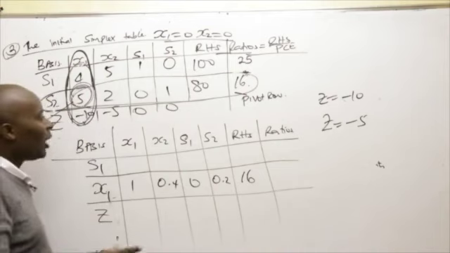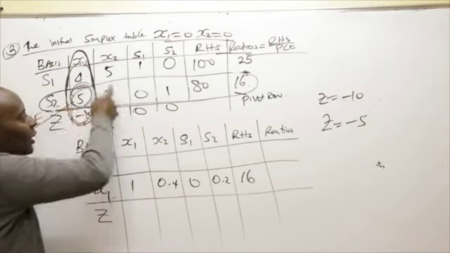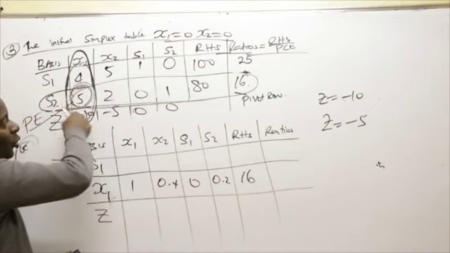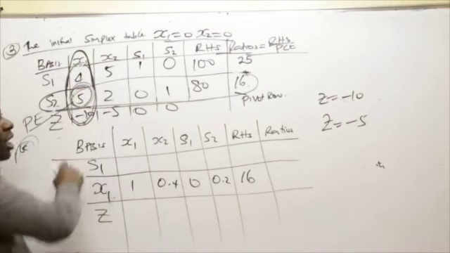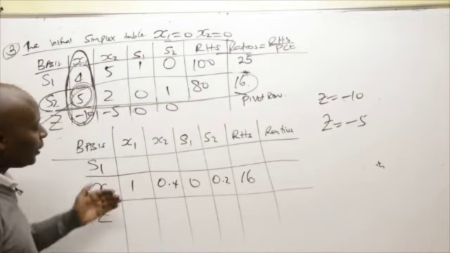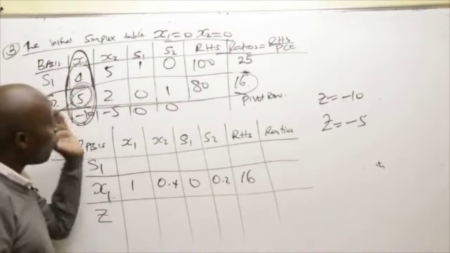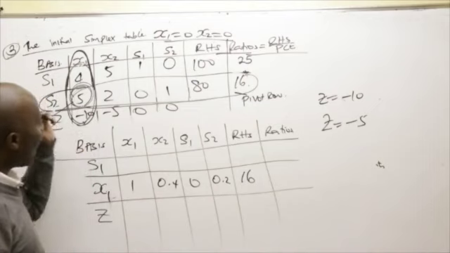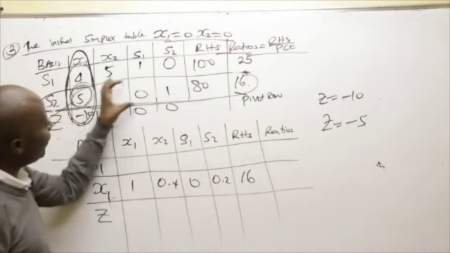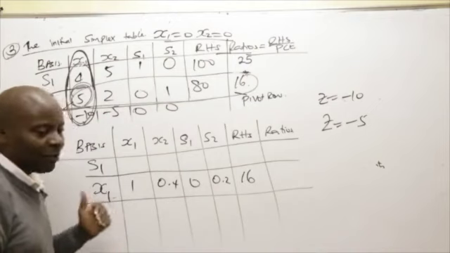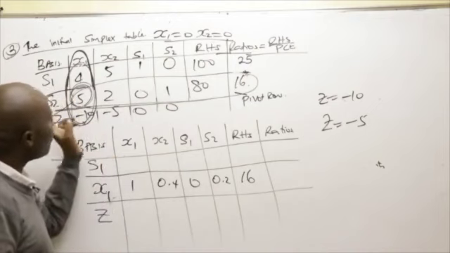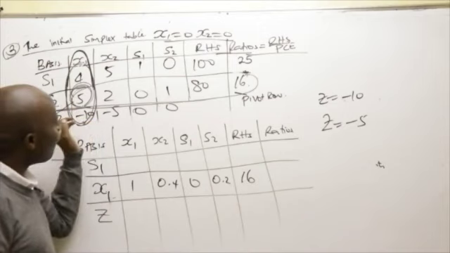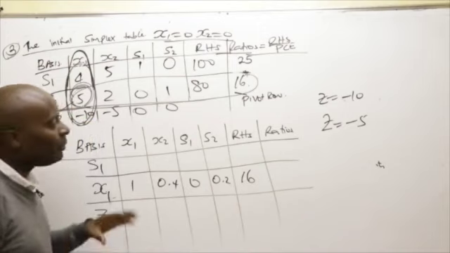The pivot element is the element at the intersection of the pivot row and the pivot column. That element is a yardstick. Always ensure that that element is 1. If, for example, I had 10 here, then I would have divided everything in the pivot row by 10. But here our pivot element is 5, so I have to divide by 5 throughout.